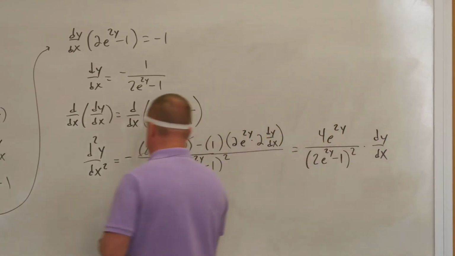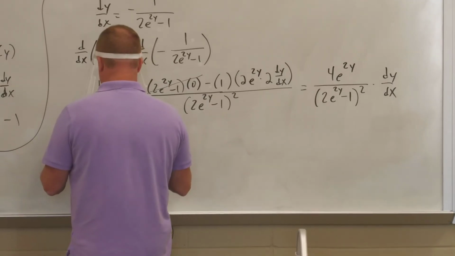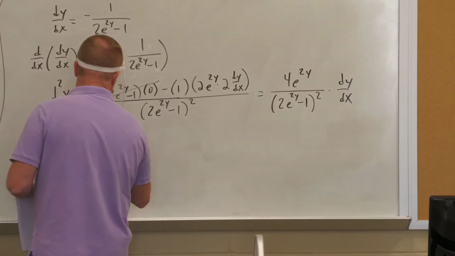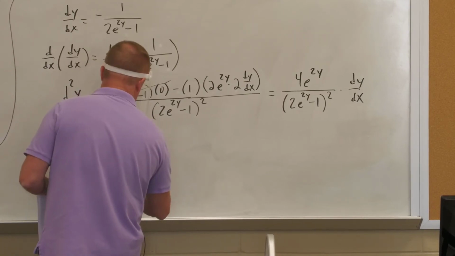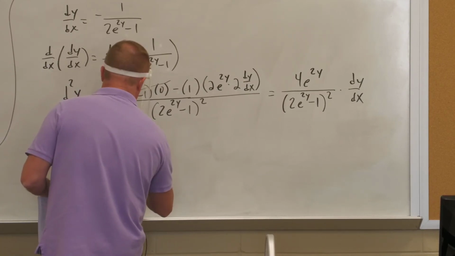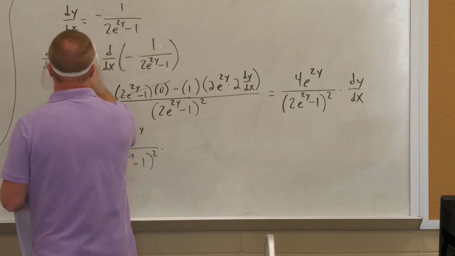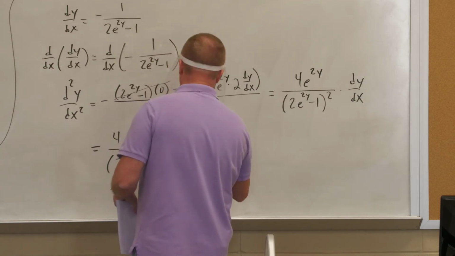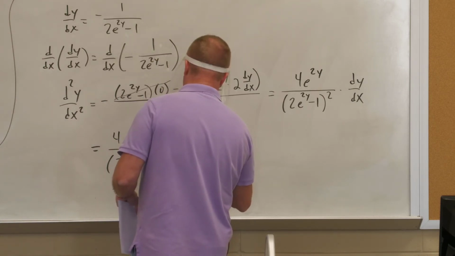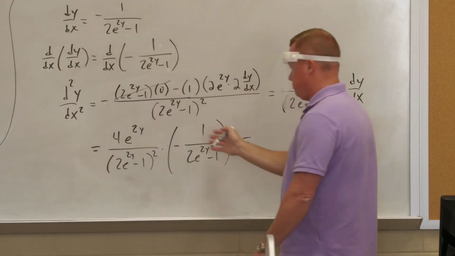So I would have 4e to the 2y over 2e to the 2y minus 1 squared times, all right, dy/dx right here is negative 1 over 2e^(2y) minus 1. So that will just multiply those together.